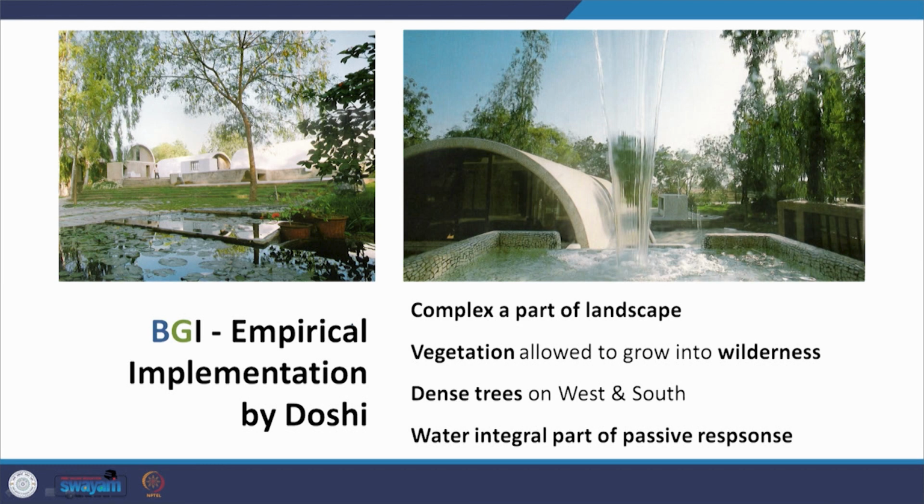The complex is a part of the landscape rather than the landscape being a part of the building complex. The vegetation is in fact allowed to grow into a kind of a wilderness. It is not like properly demarcated and well aligned hedges, etc. There are dense trees in the west and the south, and the water is an integral part of the passive response.